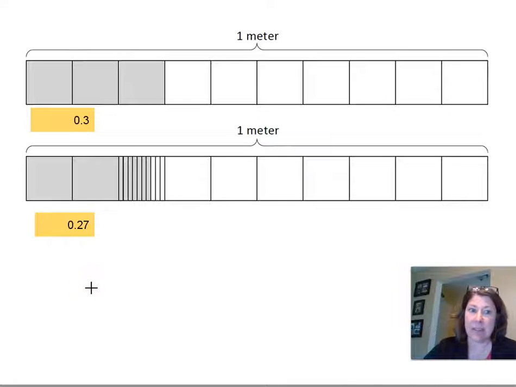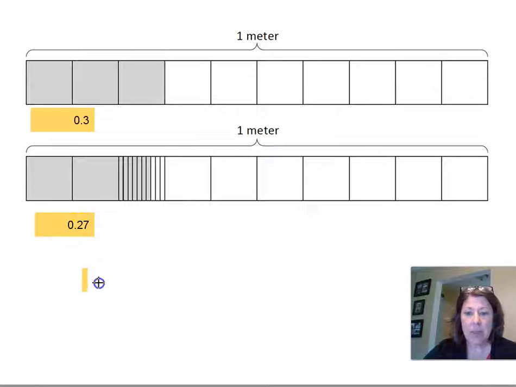So now I want to write a comparison statement. Greater than, less than, or equal to. Well, they're definitely not equal to each other. Now I can clearly see in this shading that this is more than this. Although some girls might get confused because they might say, well, wait, that's a 3 and that's a 27.